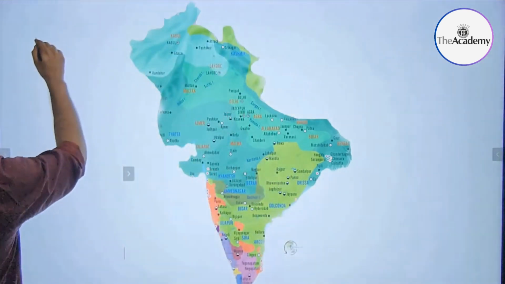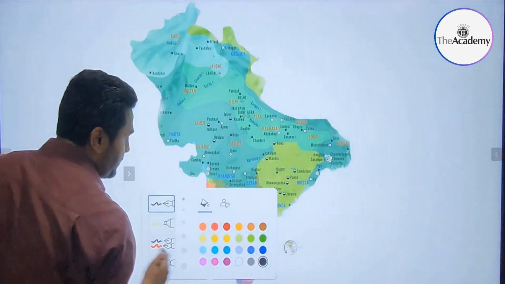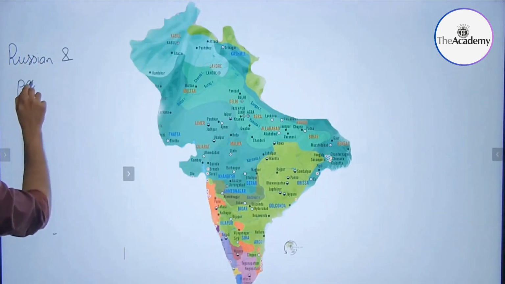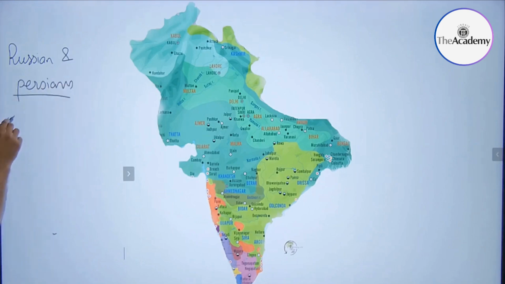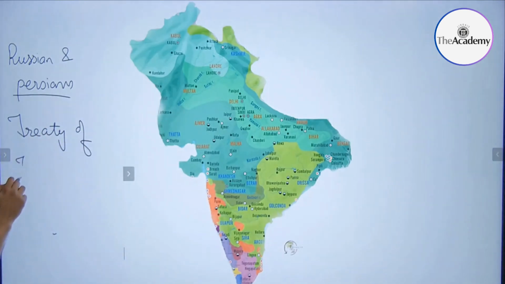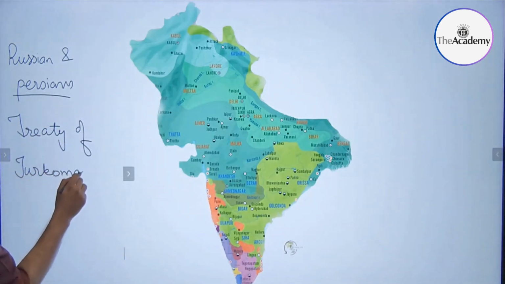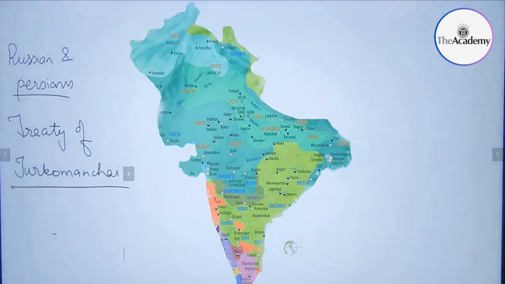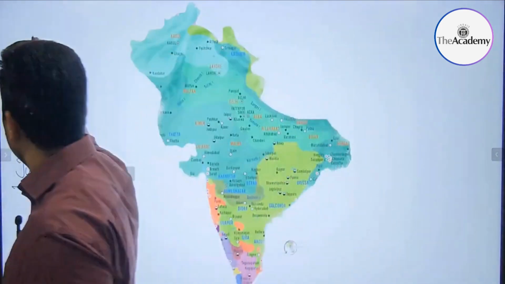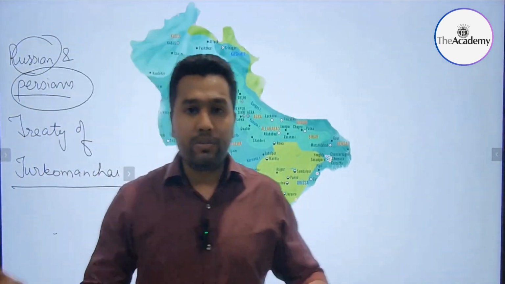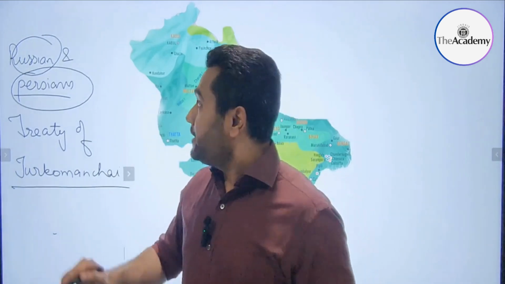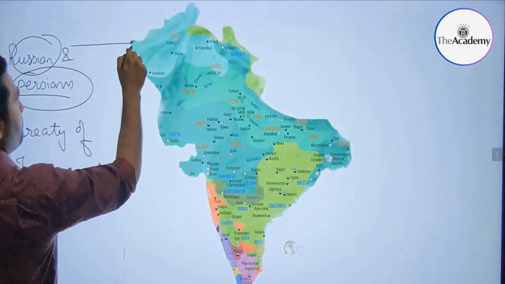The Russians had attacked the Persians, and the Russians and Persians signed a treaty known as the Treaty of Turkmenchay. Under this treaty, they both agreed to resolve their differences and accordingly came to put pressure upon the Afghans.